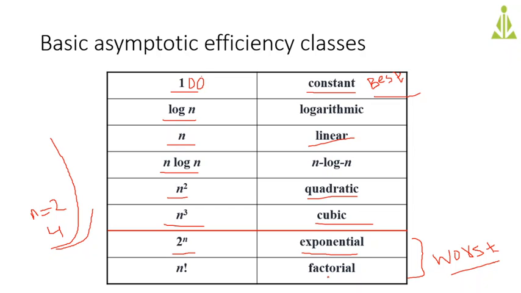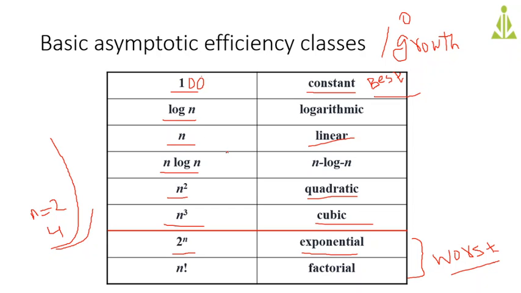And the other name of the basic asymptotic efficiency classes is order of growth.